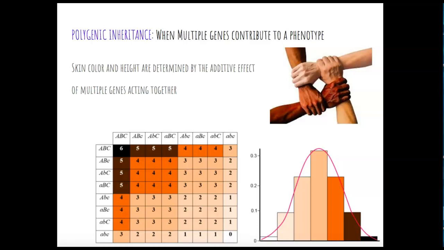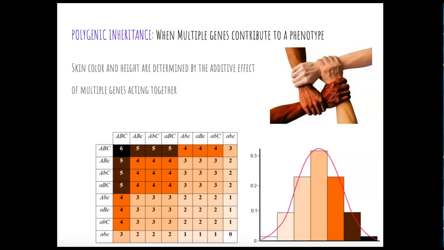So when we think about skin color, there's a range of skin colors in humans that ranges from very, very fair to very, very dark skin. And that skin color is determined by the amount of melanin that is produced by your skin.